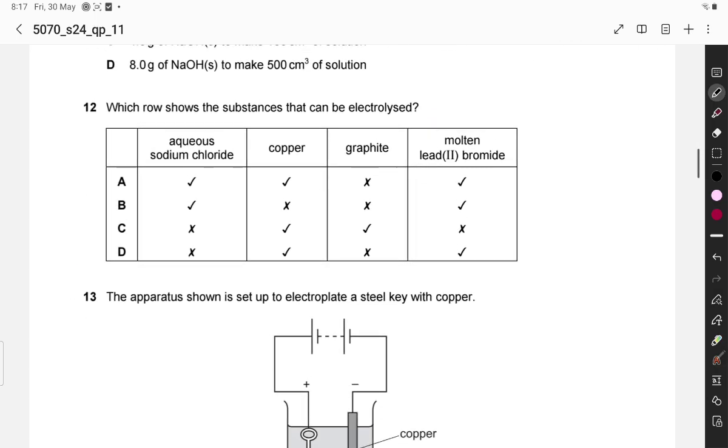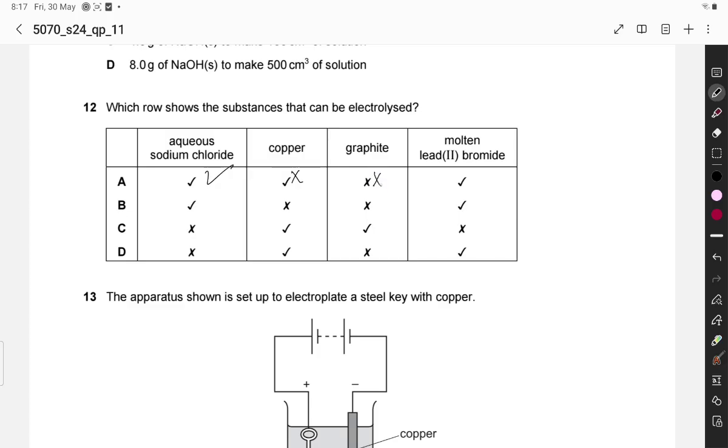Question number 12, which row shows the substance that can be electrolyzed? Aqueous sodium chloride. Yes, aqueous sodium chloride can be electrolyzed. Copper cannot be electrolyzed.